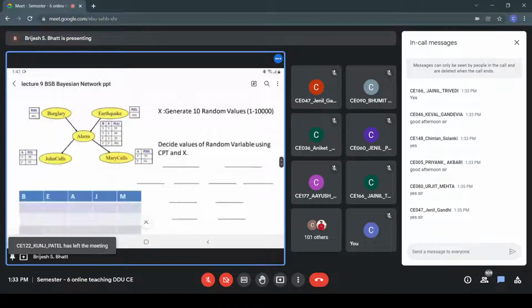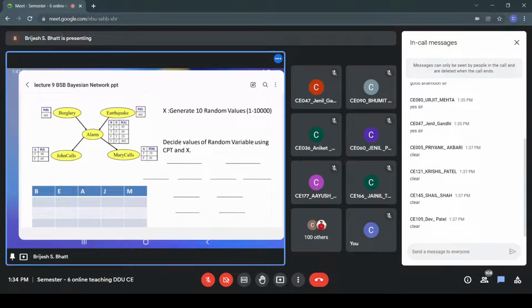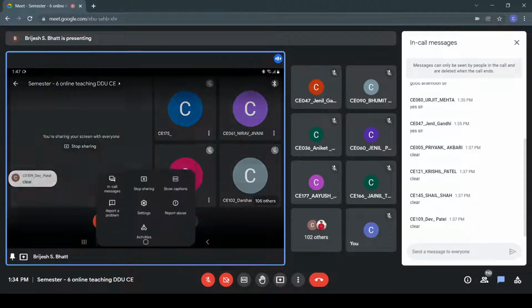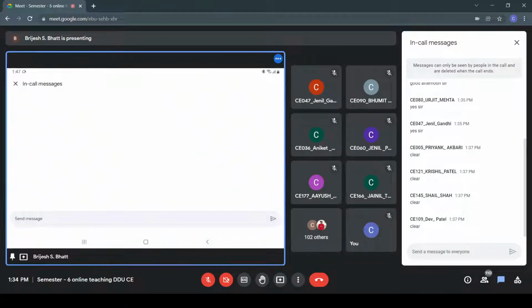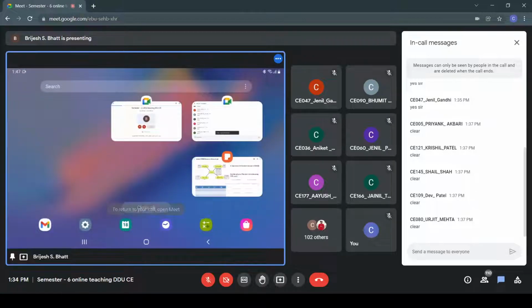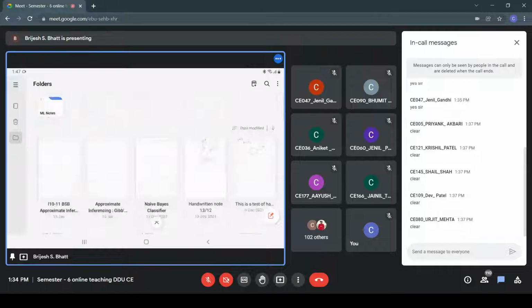Tell me if you want to do this exercise or it is clear. Okay, I think some of you are saying it is clear. So if it is clear, then we can skip that part and go to the next technique that we want to discuss.